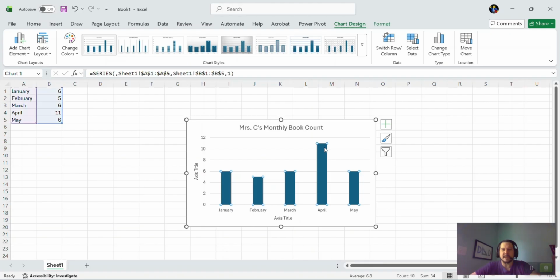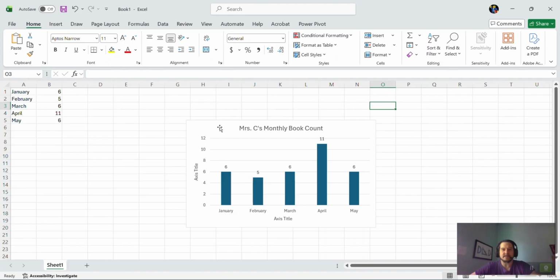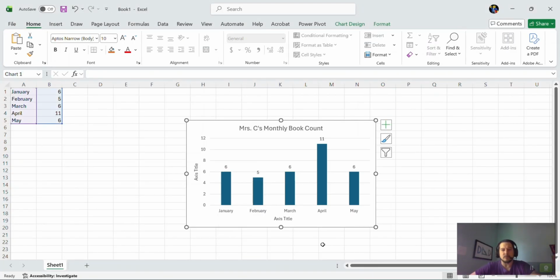To get the actual data values on top of the histogram bars, you go back to this plus sign and then select data labels. And so what I did is I just right-clicked, copied and pasted that into Word, or maybe I screenshotted this and put it in there that way. But eventually I'll come back to Excel and show you guys how to make a pie graph.